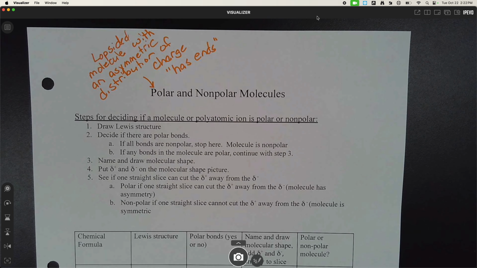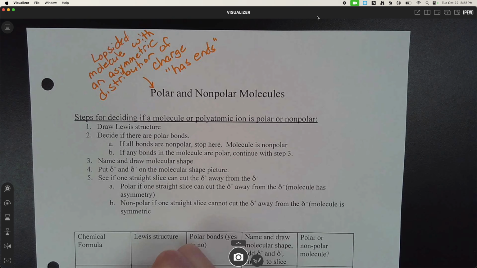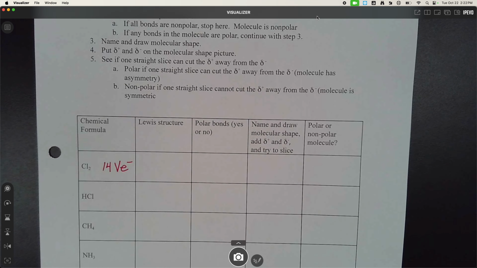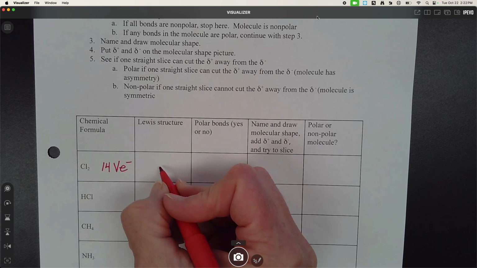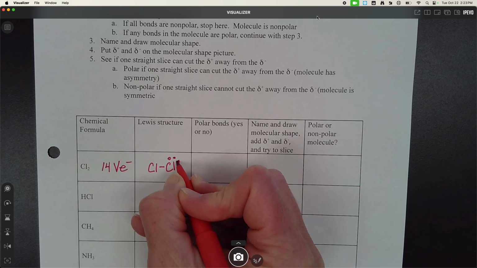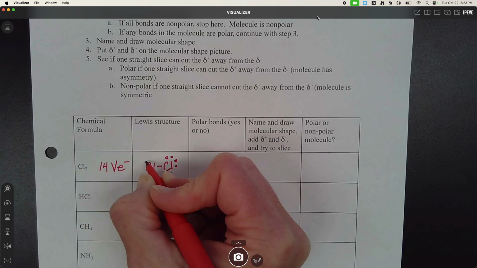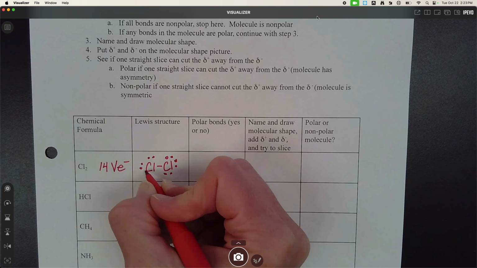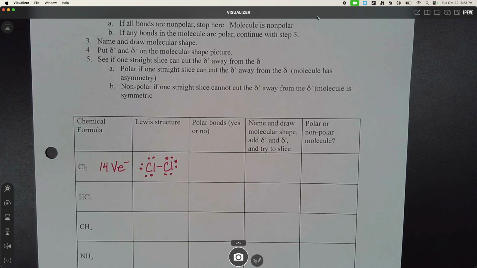So our first molecule here is going to be Cl2. Cl2, with each chlorine having 7 valence electrons, has a total of 14 valence electrons. It's got a relatively simple Lewis structure. That looks like that.